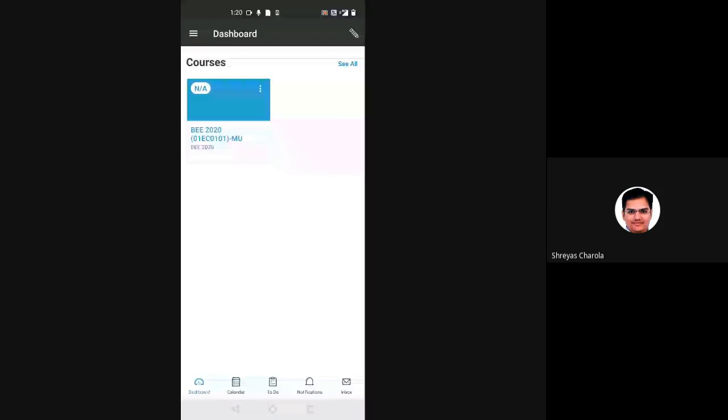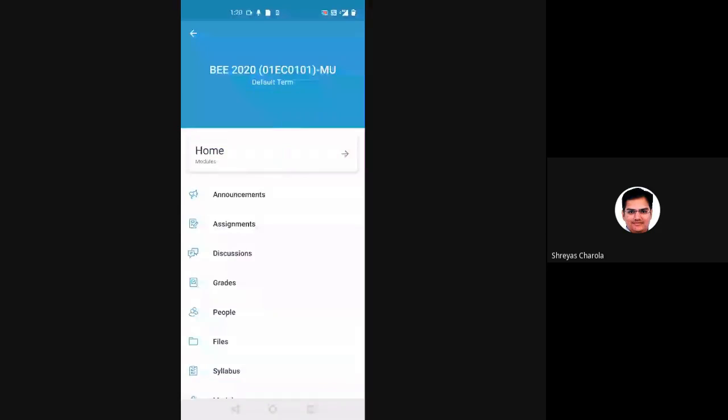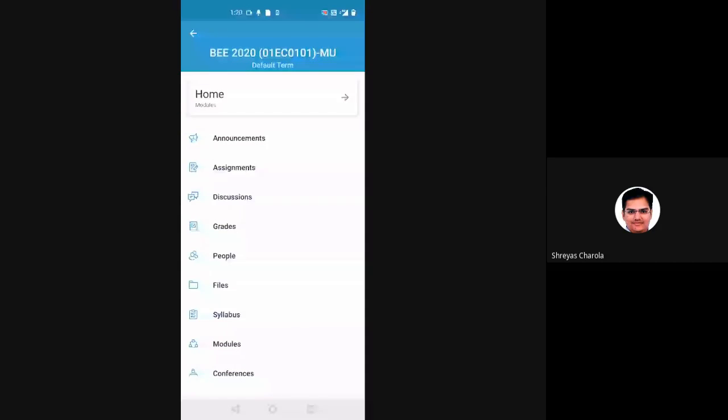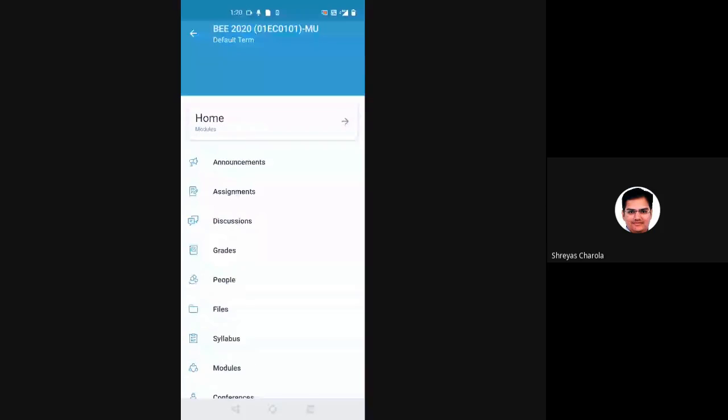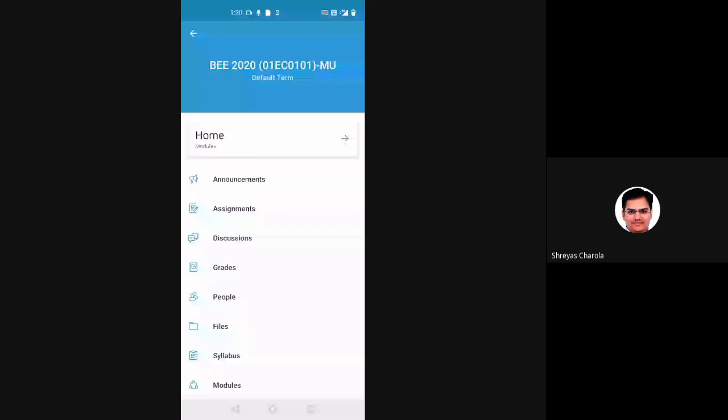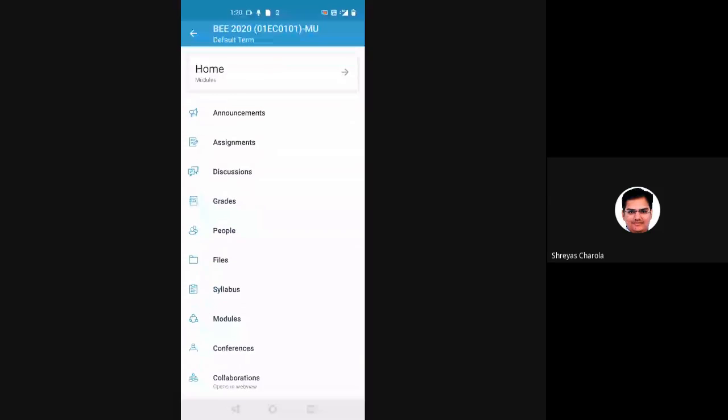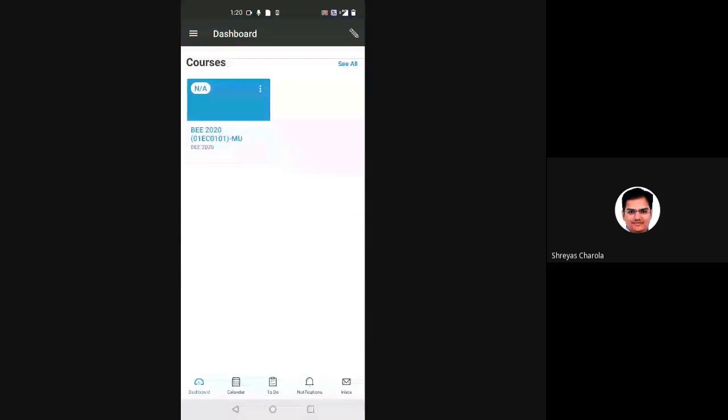Open that. Here you don't have the profile, go back. Instead of home, there will be profile options in the mobile. Change it to the desktop view of this Chrome.